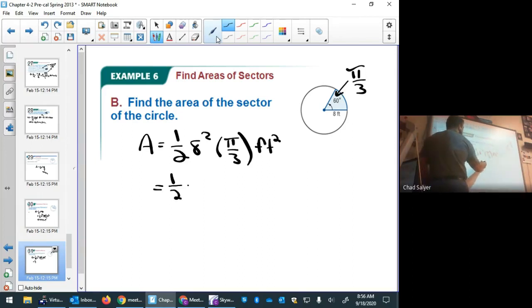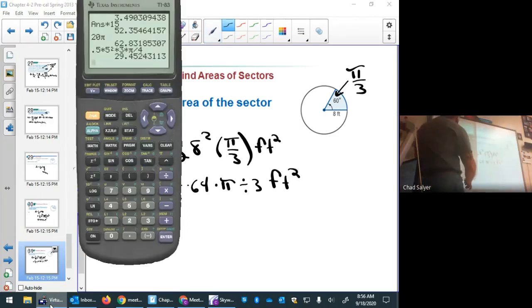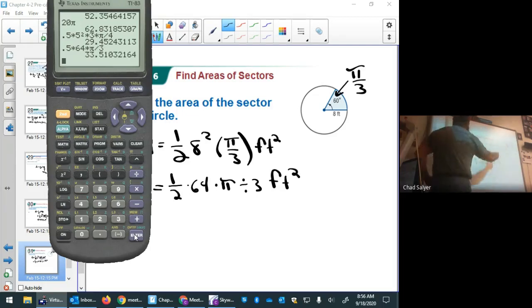So 1/2 times 64 times pi divided by 3 in feet squared. We'll put it in our calculator this way: 0.5 times 64 times pi divided by 3. About 33.5 to the nearest 10th.